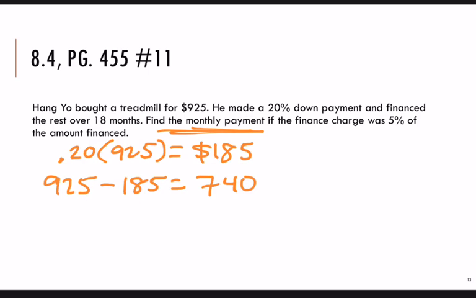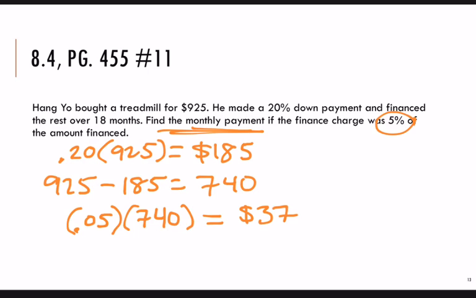Okay, then the finance charge is 5% of the amount financed, so take 5% of that, and that gives you $37. All right, so then we need to know what the monthly payment is. So we have the finance charge.